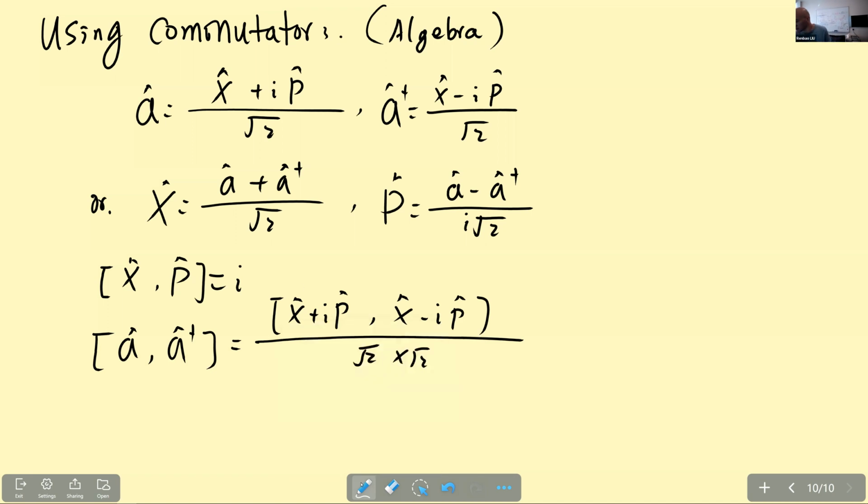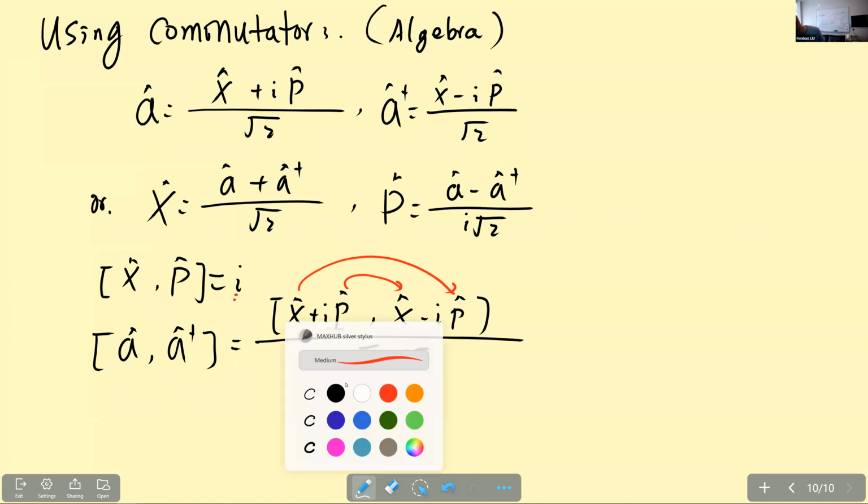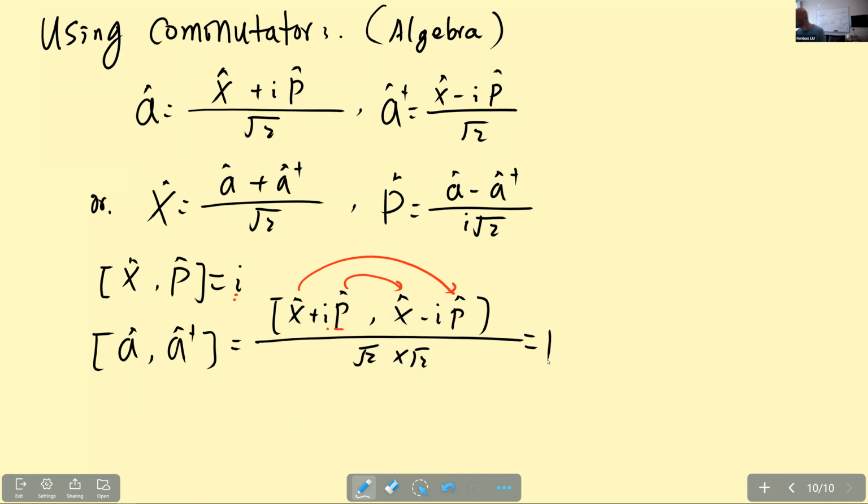I can see that based on this commutator, i times minus i will give you 1. And this one and this one give you minus i, but then you times i, that would be another one, right? But x and x commute, p and p commute.